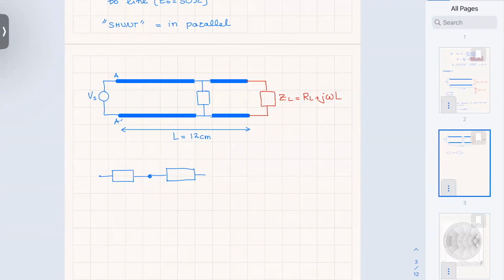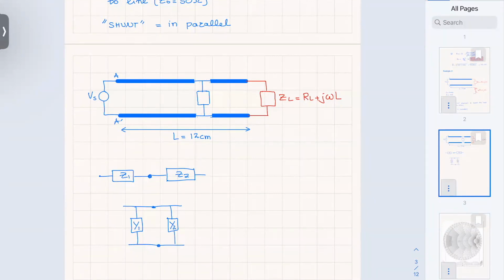This is Z1 and Z2. However, if you are in parallel, you cannot add Z1 and Z2. So what can you add in parallel only? Y1 and Y2. And what is Y1? It's an admittance.